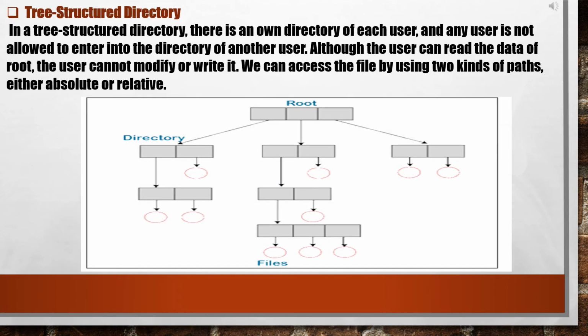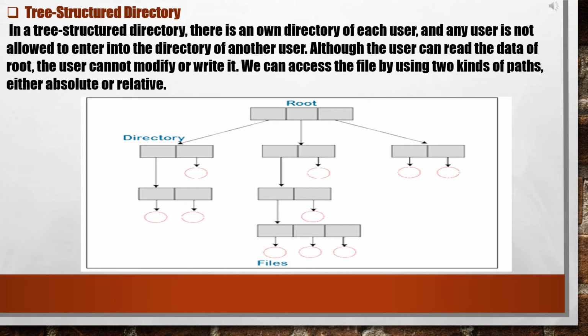The next one is tree-structured directory. In a tree-structured directory, there is an own directory for each user, and no user is allowed to enter into the directory of another user. Although the user can read the data of the root, the user cannot modify or write in it.